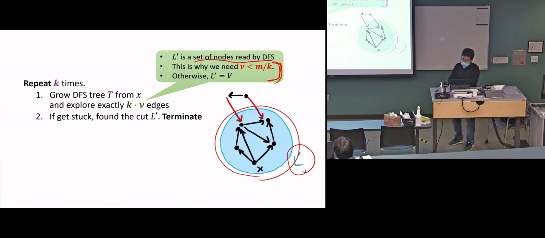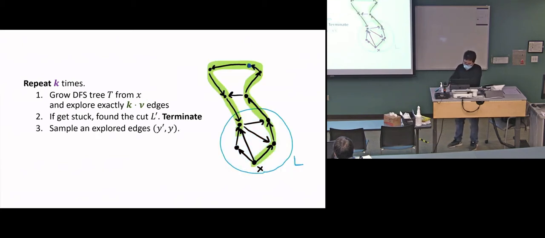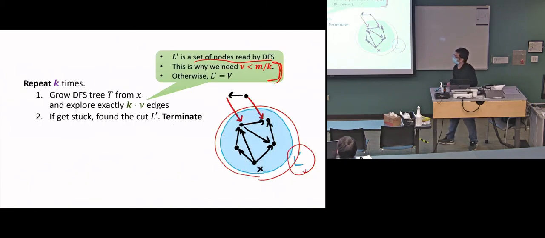So just to be clear, this path will not use a single edge twice, if it's a simple path. You can assume that it's simple. Let's say you grow a DFS tree, so it's a simple path.